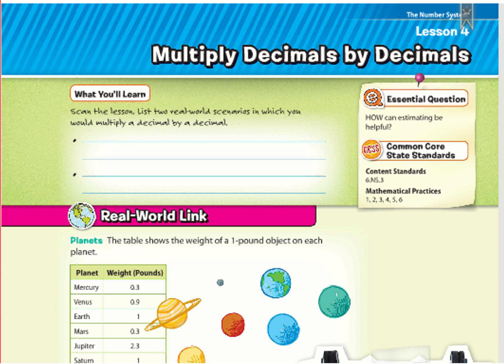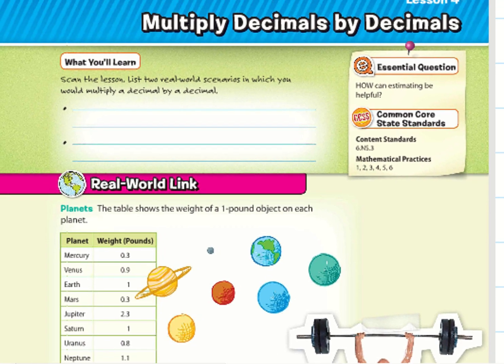Hello everyone, we're on Chapter 3, Lesson 4, page 201 in your math books. After scanning the lesson, some real-world scenarios where we'll have to multiply decimals by decimals: one of them we can say is to find distance given rate and time.